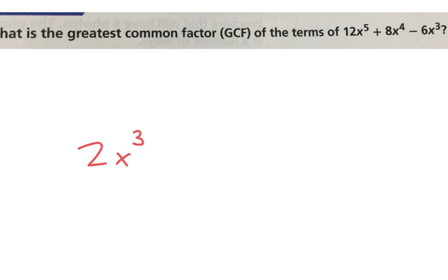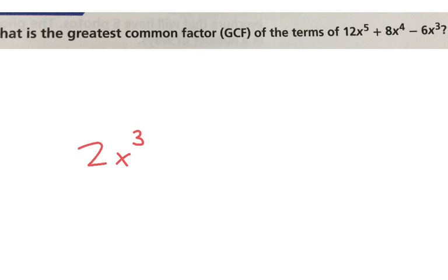You guys remember doing prime factorization? x to the 5th is x times x times x times x times x. 8x to the 4th is 2 times 2 times 2 times x times x times x times x. 6x to the 3rd would be 2 times 3 times x times x times x.